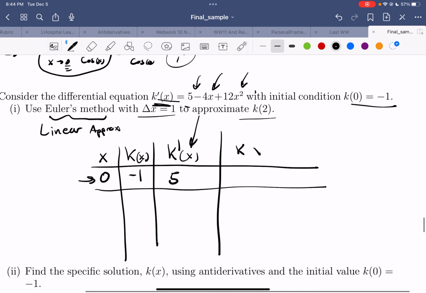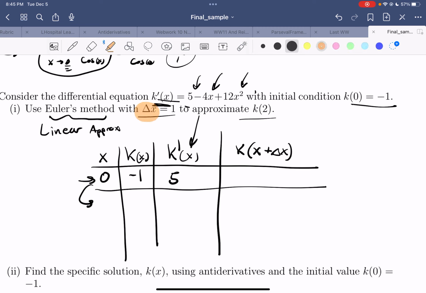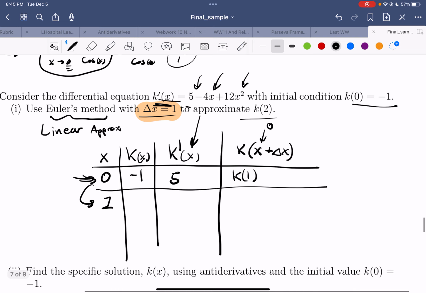All right, so now k at x plus delta x, which is the new x value. So delta x is 1. That's this. So we have 0 plus 1 is 1. So here we're looking at k of 1 because I plugged in 0. That's the x value I'm at. I plugged in delta x. That's this thing. Okay, this is going to be equal to, and this is where we use linear approximation.